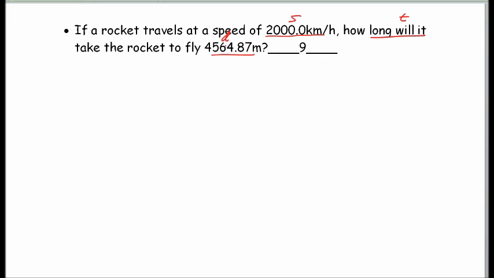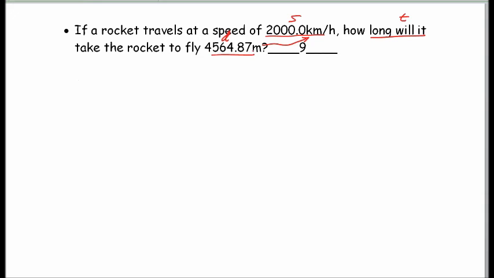Now we have a problem here, and that is that right here we have a distance given in meters, but the distance that's given up here in the speed is a kilometer, and those two have to match. You can't rearrange this equation to solve for how long will it take, the time, if we don't have matching distance units in both the speed and the given distance.